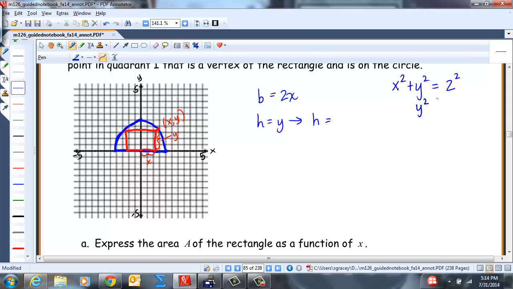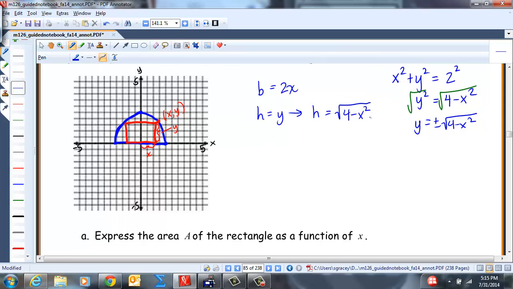If you isolate y squared, you'd have 4 minus x squared. And if you square root both sides, you would get y is equal to plus or minus root 4 minus x squared. And so the top half of the semicircle is the positive root. So the height will be root 4 minus x squared.